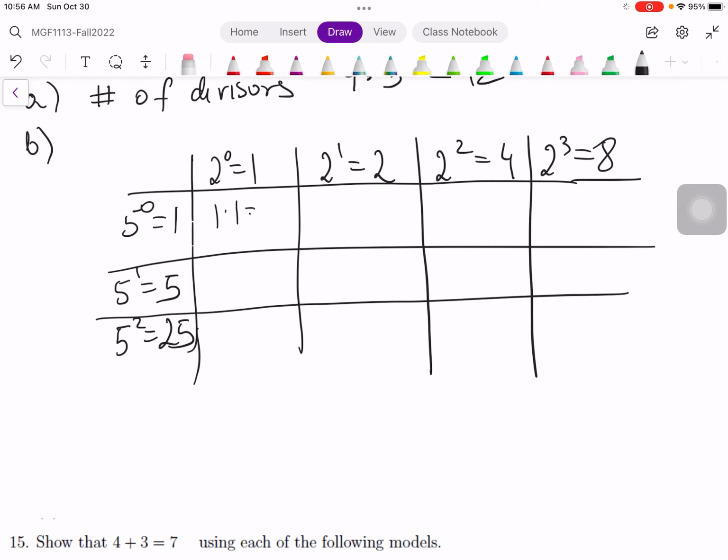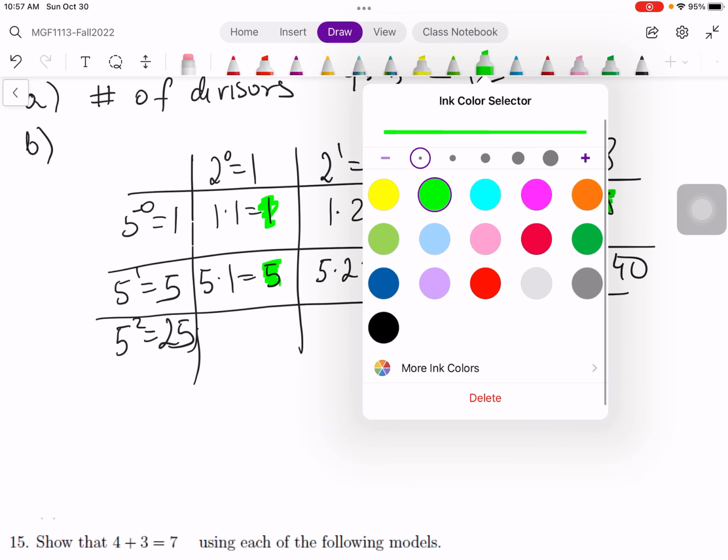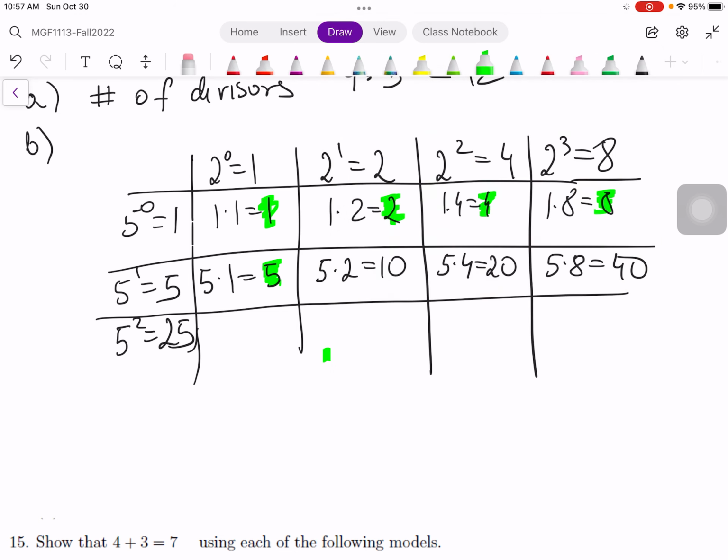That's 1 times 1, 1 times 2, 1 times 4, 1 times 8. So far I have 1, 2, 4, and 8 as my divisors. Then here's 5 times 1, 5 times 2, 5 times 4, and 5 times 8. So that's 5, then 10, 20, and 40.